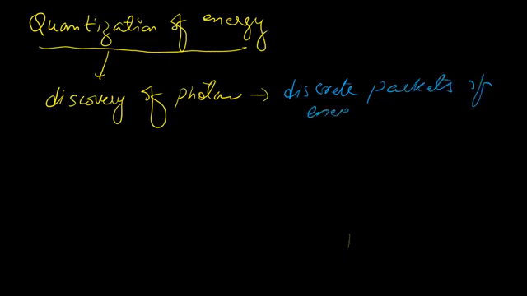These are indivisible amounts of energy which we cannot divide further. So light consists of discrete packets of energy which are called photons.